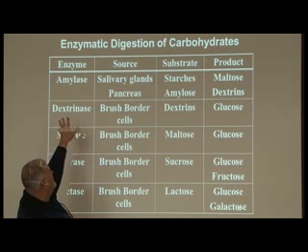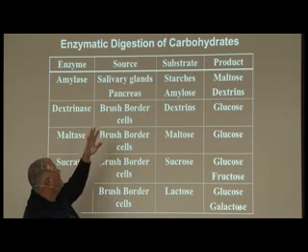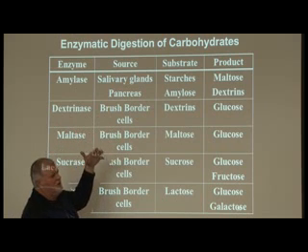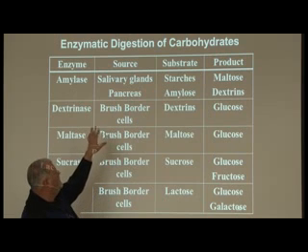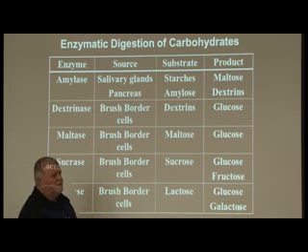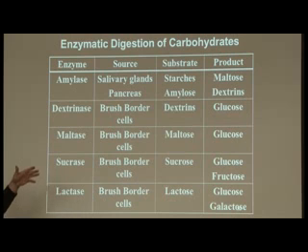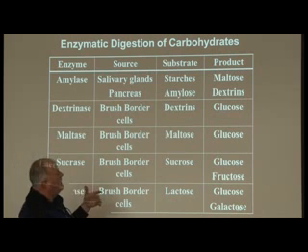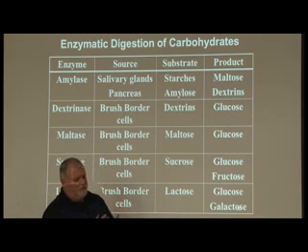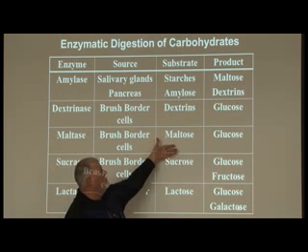Amylase is produced in the salivary glands, begins the process in our stomach, and is reintroduced in the small intestine, in the duodenum, via the pancreas to help us digest starches. Starches are long chains of glucose molecules, and the enzyme amylase, if given enough time, is going to digest them into disaccharides called maltose.